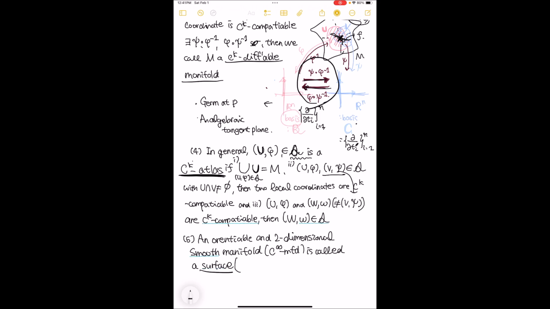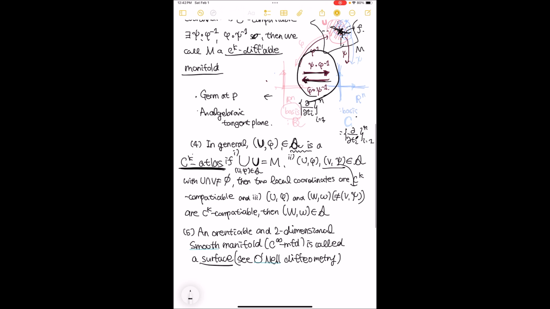If we see O'Neill's Differential Geometry as a reference, instead of the definition of a manifold, the author introduced a proper patch to define a surface. For example, a sphere, a torus, and so on are surfaces.